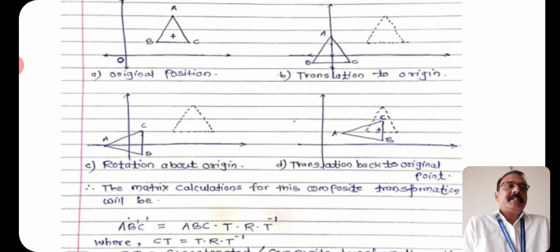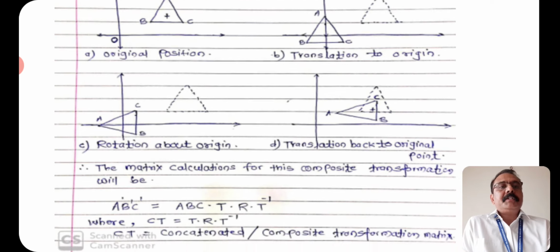Therefore, multiple operations are to be performed on the triangle to rotate it about an arbitrarily given point: first translate the object, that is T, then rotate the object about the origin, that is R, and again translate it back to its original position, that is T inverse.